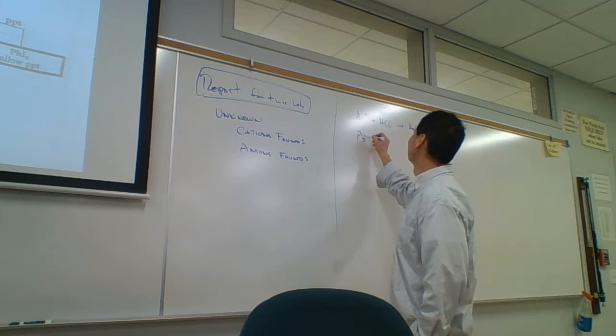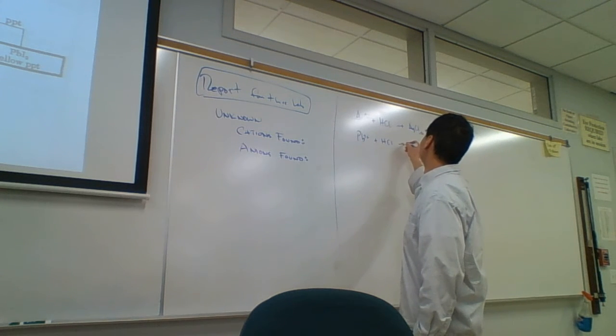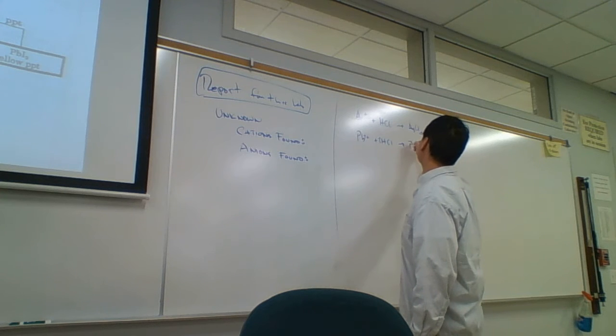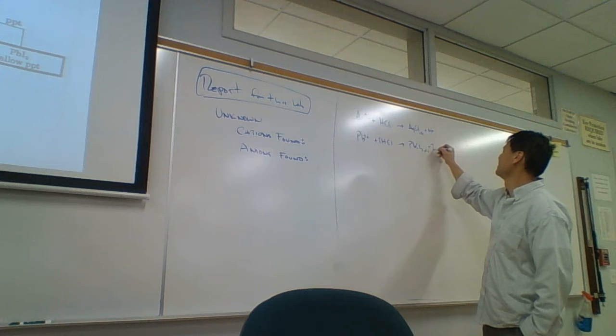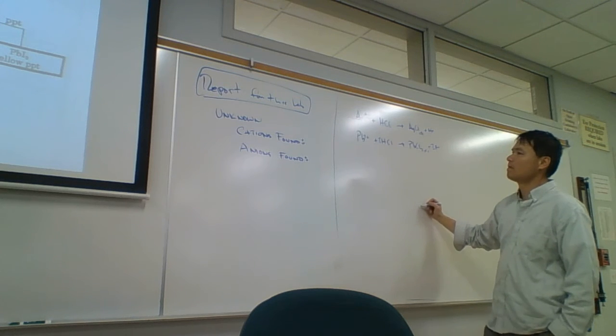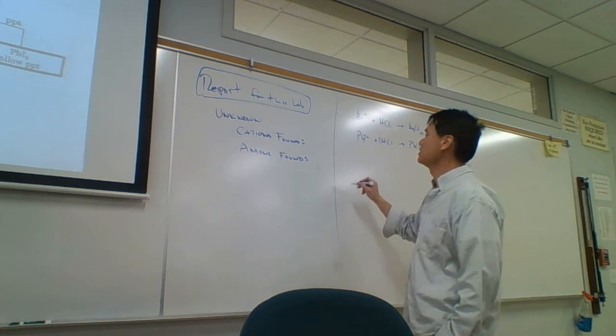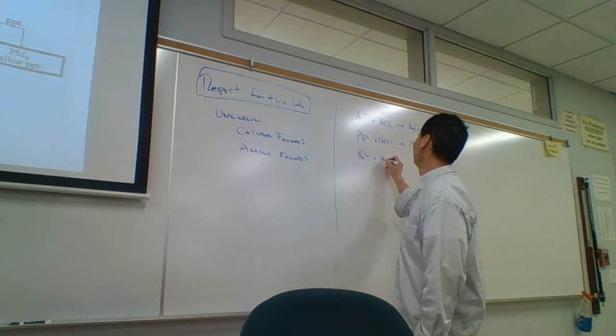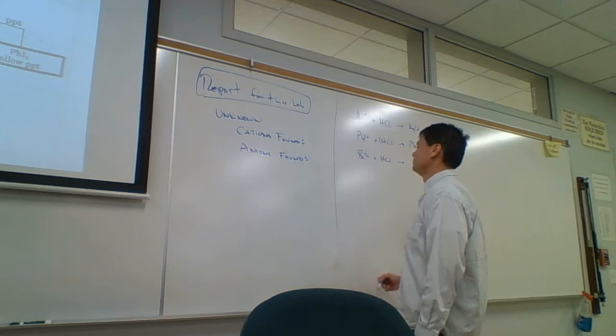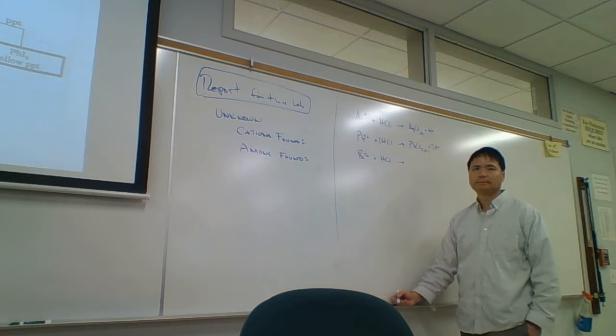Pb2 plus HCl is going to give us what? PbCl2, solid, plus 2 H pluses. And then we're also going to see what happens with barium. Ba2 plus HCl yields, what would it yield?